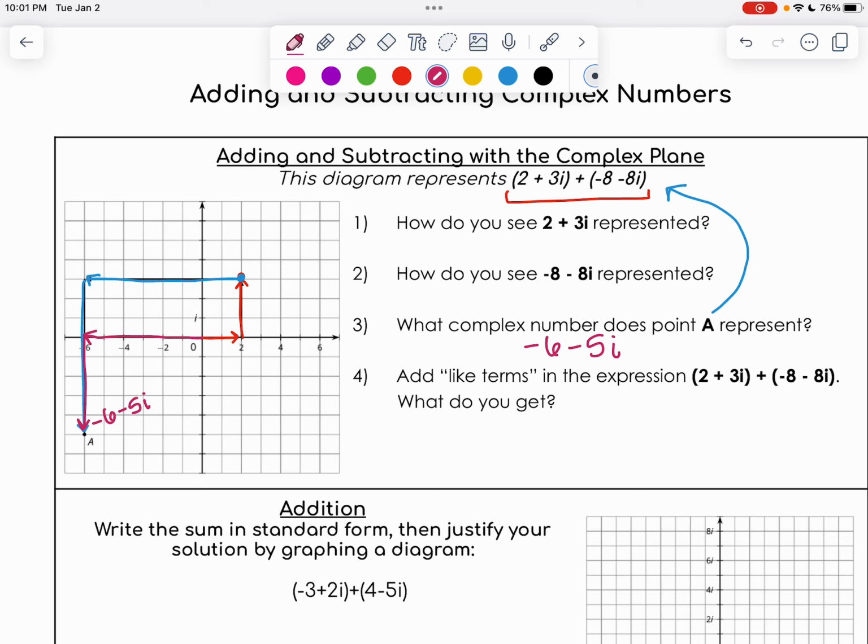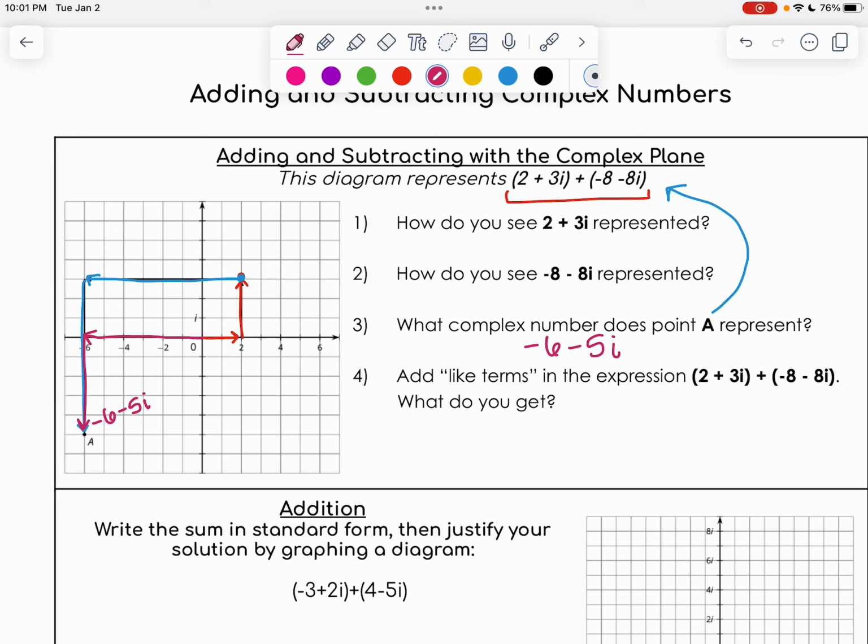Now let's go ahead and try, in question 4, it says to add like terms in this expression. So when we add like terms, it's kind of similar to when we add like terms with variables. But here our like terms would be the real numbers are all like terms with each other, and then the imaginary numbers are the other like term.